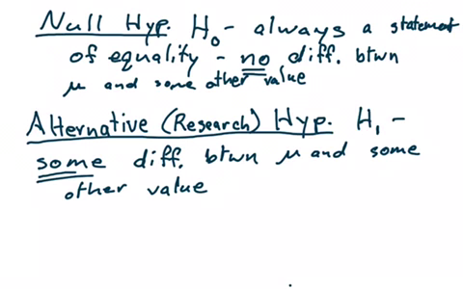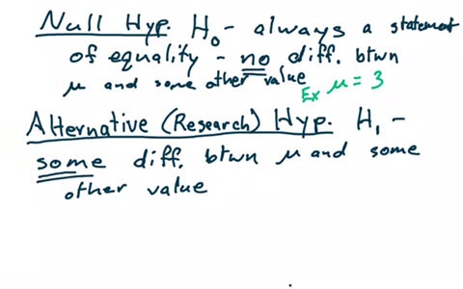Okay, so just as an example, an example of a null hypothesis would be saying that mu is equal to, just for the sake of argument, let's say 3. At any rate, that's just an example.